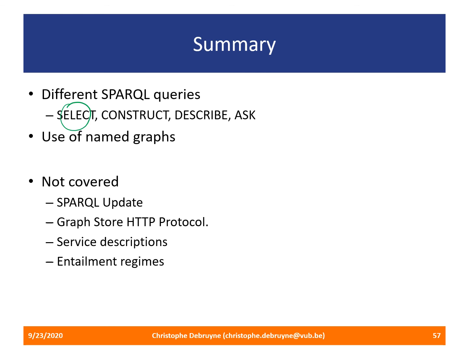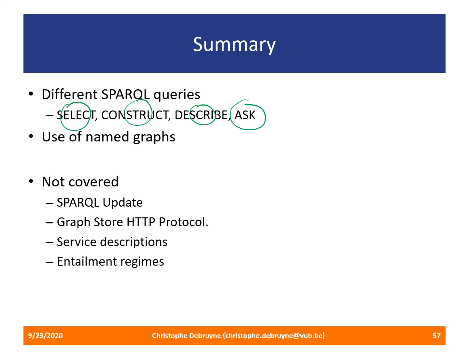We also have covered the construct query pattern, where we will create RDF graphs based on solutions found using a query pattern. We've also covered the describe query pattern, where we will return descriptions of resources of the variables that we select in our query pattern. And then we also have seen the ask query that basically returns true or false when there is at least one solution for a query pattern.